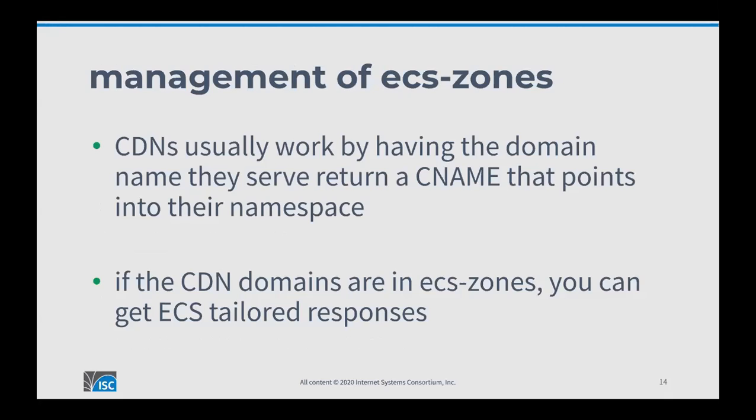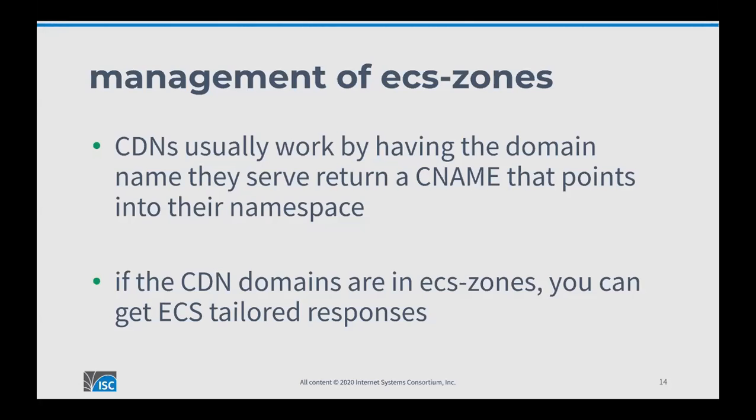So what usually happens here is there are just a few of the major CDNs, right? Akamai, Amazon, Fastly, the usual ones. So how that usually works is if you do a dig, for example, of www, whatever your content provider that first comes to mind, what you'll usually see is this: if they're using one of these CDNs, it returns a CNAME, and the CNAME points into the CDN's namespace.